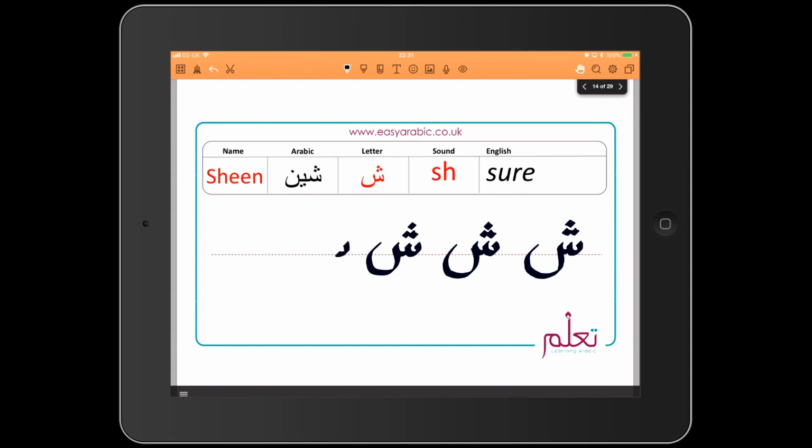Once again, 1, 2, and sheen. One more time, W like this, and sheen. Yeah, the letter sheen, that is shore.